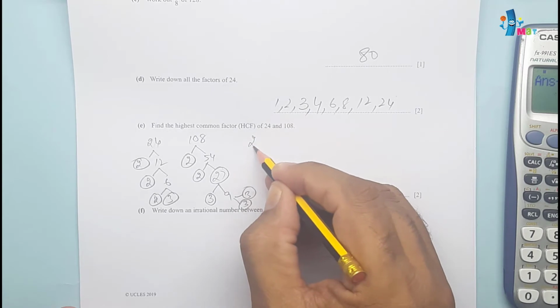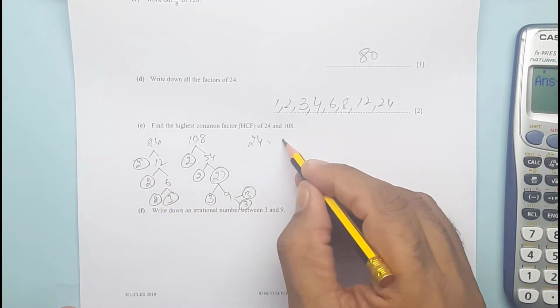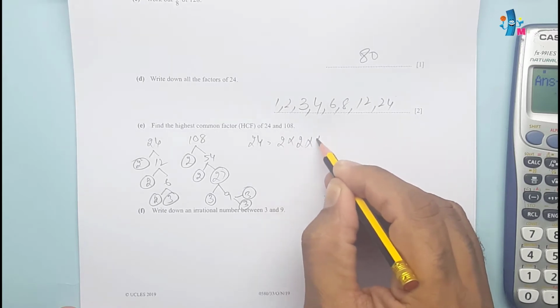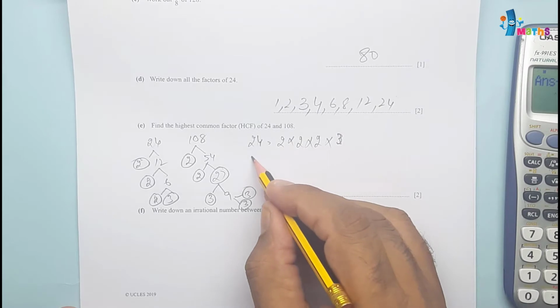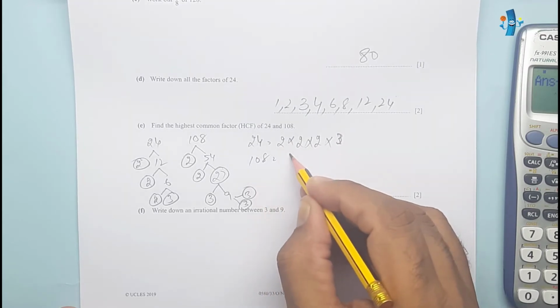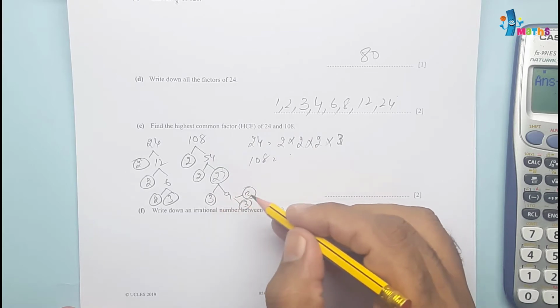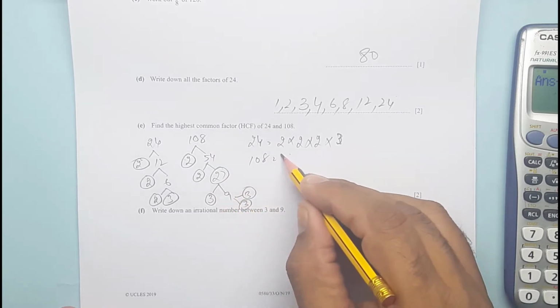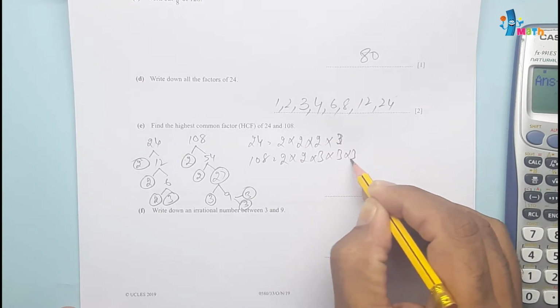So for 24 we got 2 times 2 times 2 and 3, whereas for 108 we got 2 times 2 and 3 times 3 times 3.